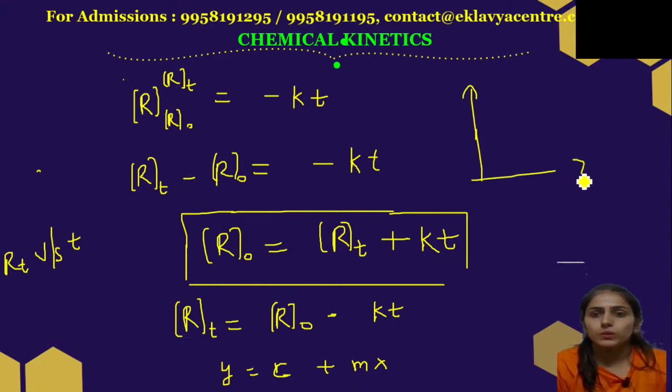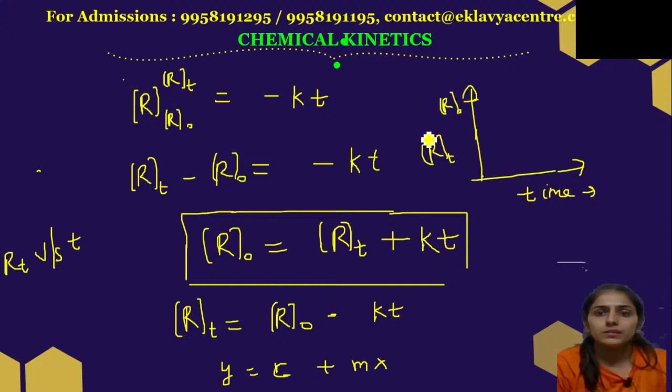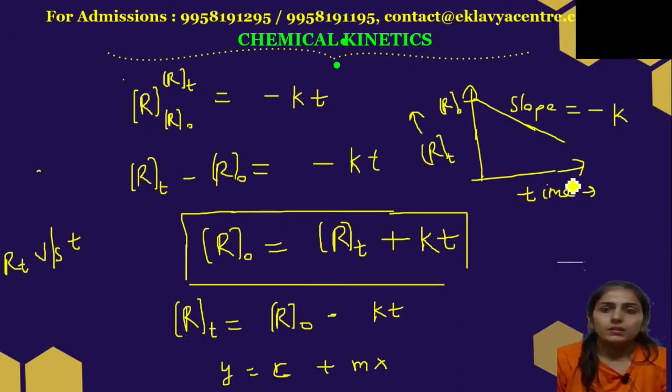Concentration of reactant versus time. We know that at t equals 0, we have R naught, that is the maximum concentration, but as time increases, the concentration is going to decrease. That is why we have a negative slope, which is minus K, right?